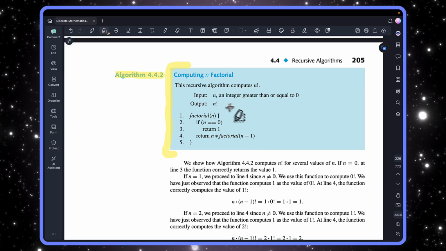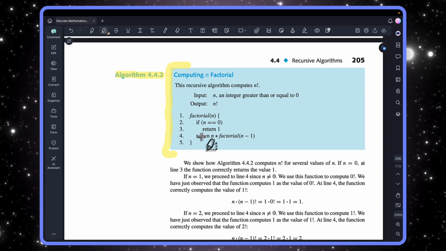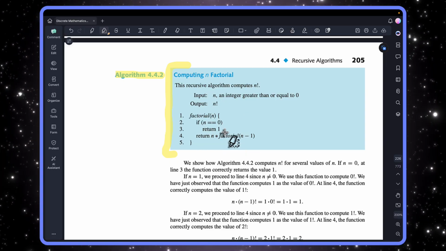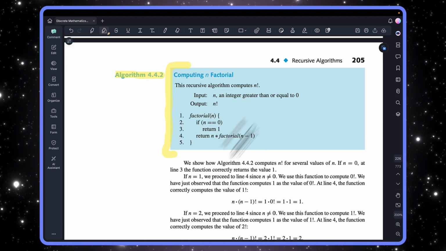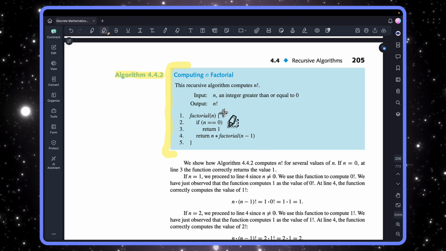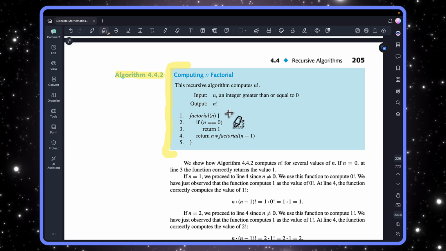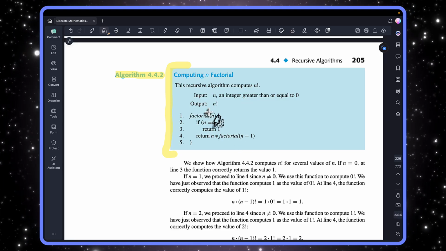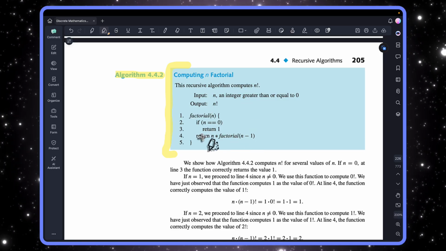So notice that to calculate n factorial, we need knowledge of the factorial of n minus 1. If you run this program, it would eventually end up where n minus 1 is 1, and when the input is 2, it would calculate 2.